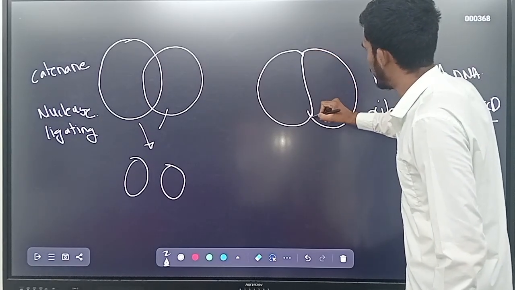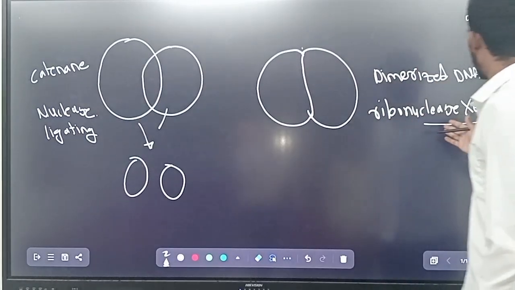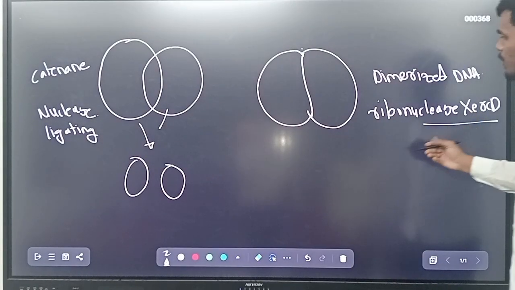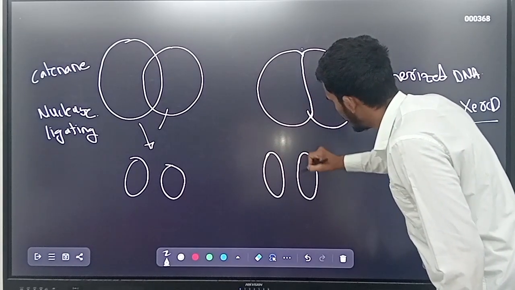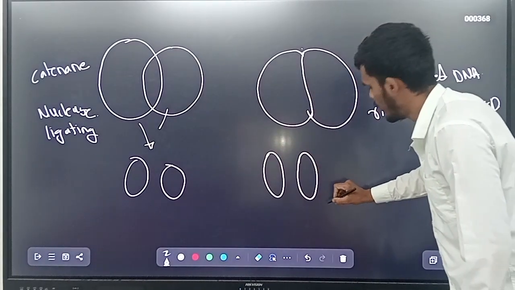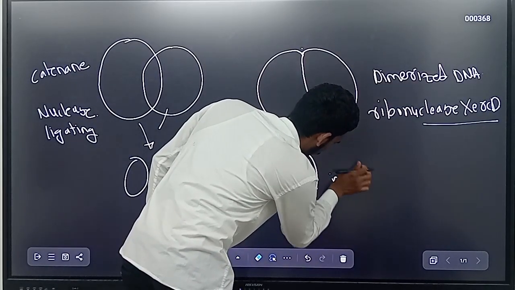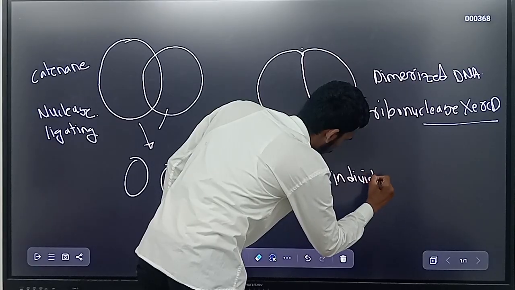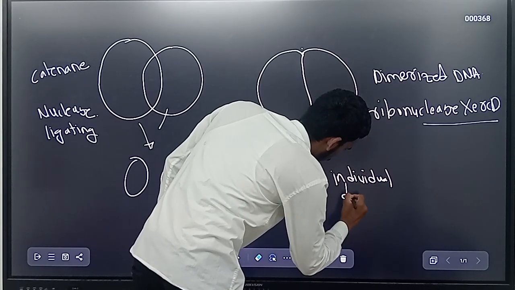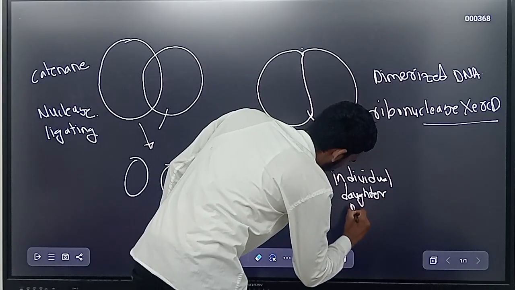After this, at the last there are two problems that get formed: catenanes will be formed, and there will be formation of dimerized DNA, sorry. The catenanes will be removed with the help of nuclease activity.